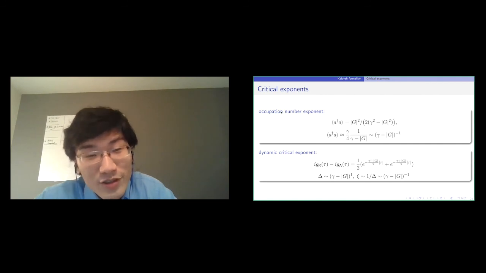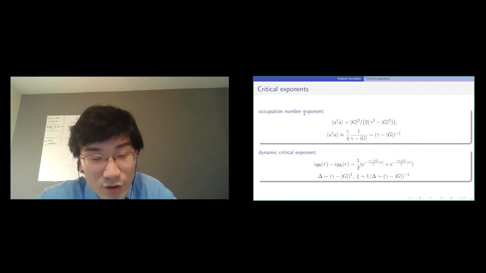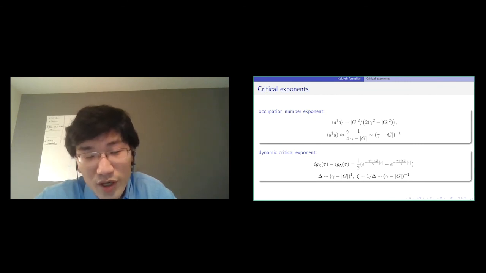As we have seen, the occupation number is proportional to 1 over U. So we expect that at the critical point, it will just diverge. We want to say how it diverges. As we have seen from the Keldysh function, you can calculate the occupation number exactly. You can show that around the critical point, it will diverge as 1 divided by gamma minus G.